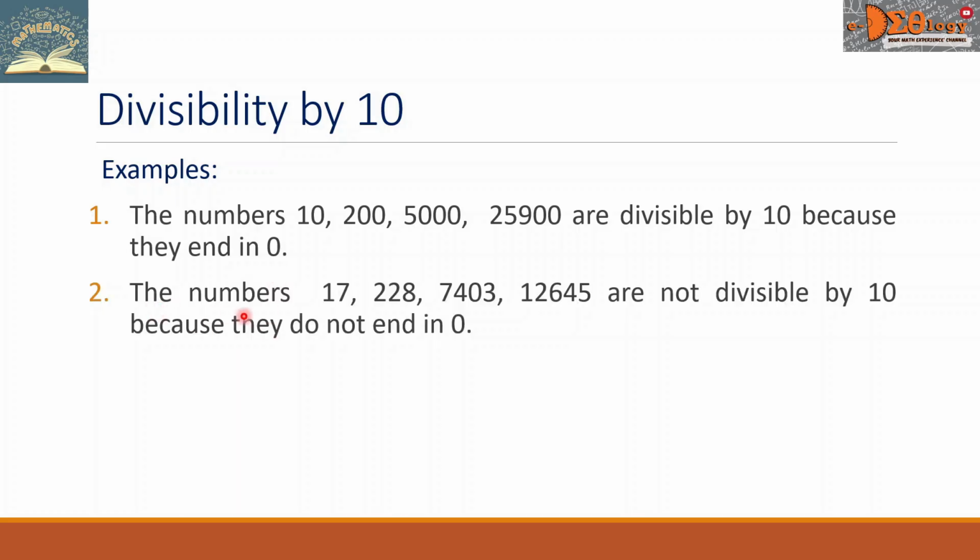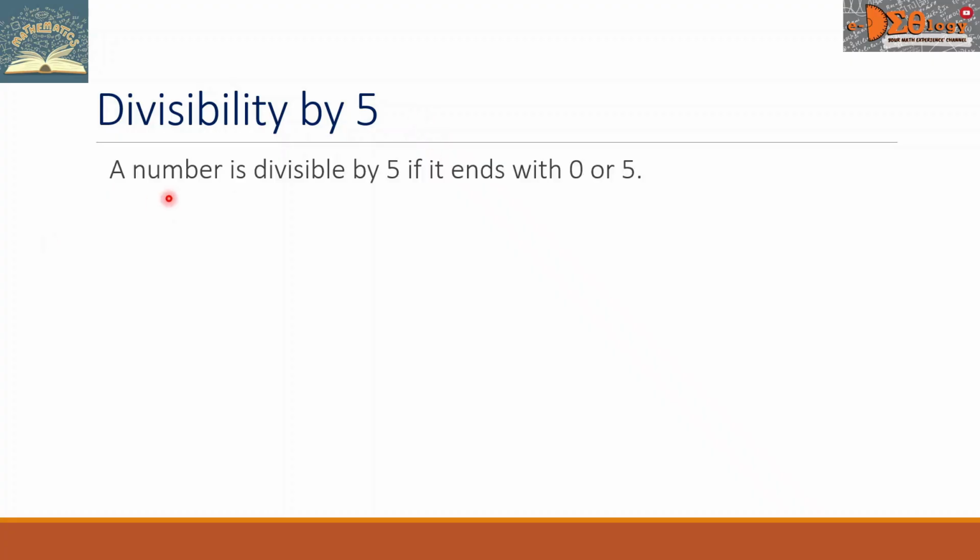Example 2, the numbers 17, 228, 7,403, 12,645 are not divisible by 10 because they do not end in 0. Divisibility by 5. A number is divisible by 5 if it ends with 0 or 5.